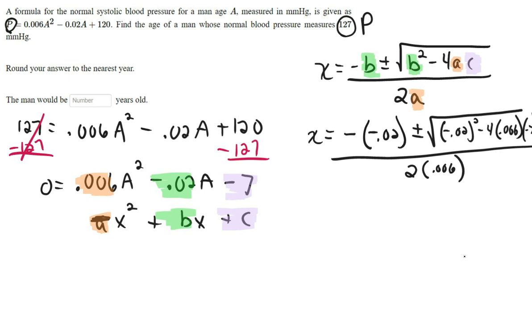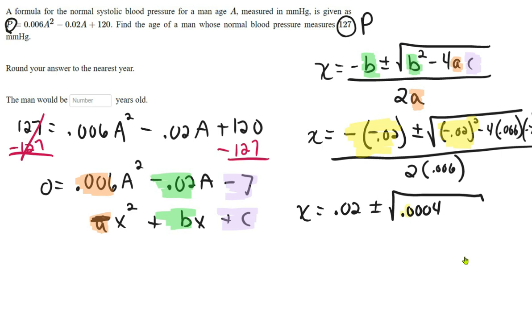Okay, it shows that it's still recording. I'm watching this. Okay, so on this first part here, you've got minus of a minus. Well, 2 negatives make a positive 0.02. Plus or minus the square root of, and then I'm going to take negative 0.02 and square it, and that's going to be a positive 0.0004.